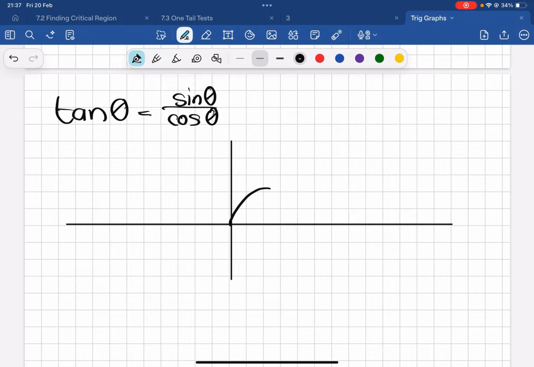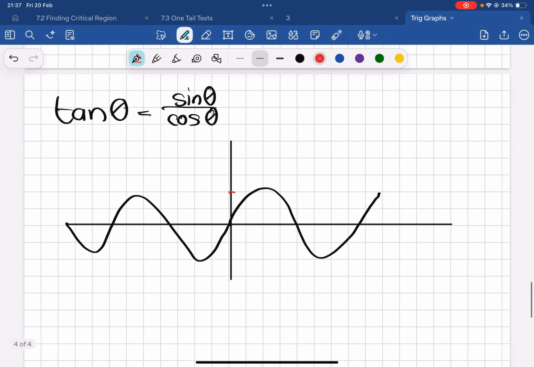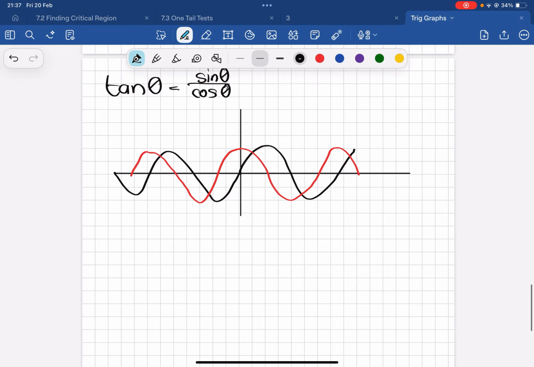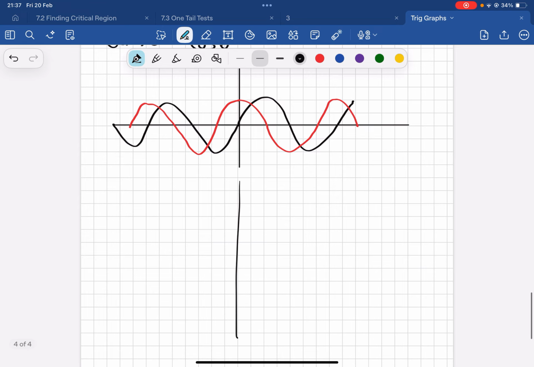So if I quickly draw on our sine graph, equally we'll draw the cos graph on top as well. We'll do the same for the negative. Now we just have to compare sine and cos.